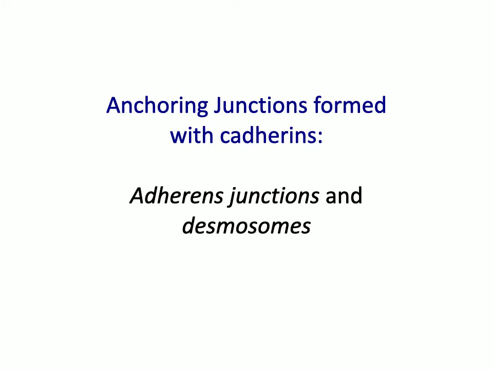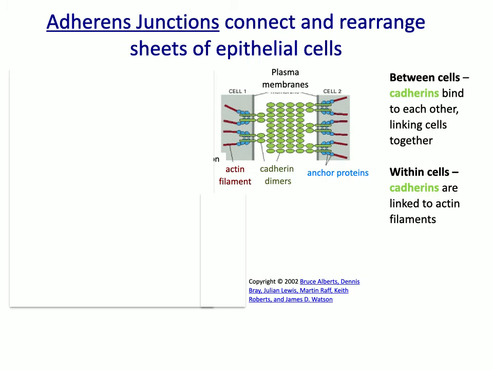There are two types of anchoring junctions that utilize cadherins. They're the adherens junctions and the desmosomes. Adherens junctions connect cells together and can affect the three-dimensional arrangement of sheets of epithelial cells.